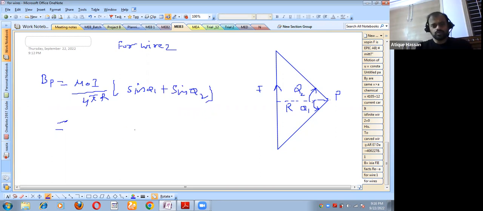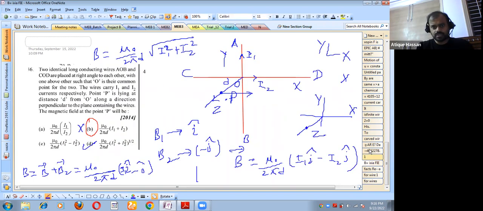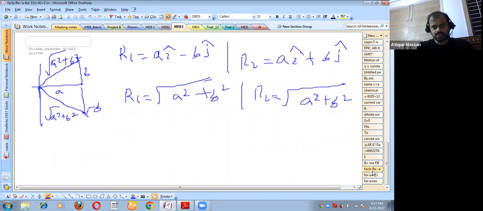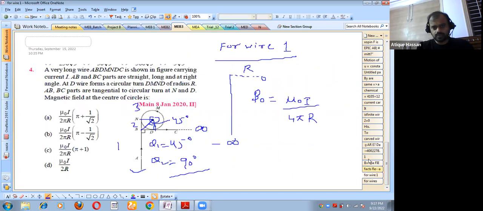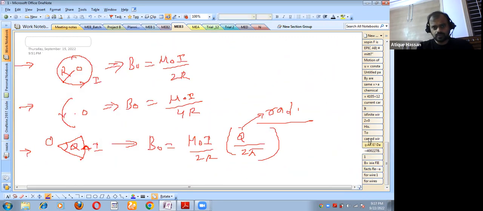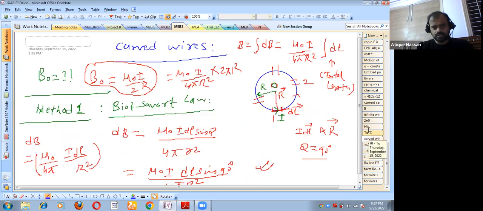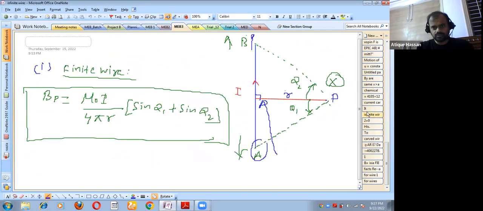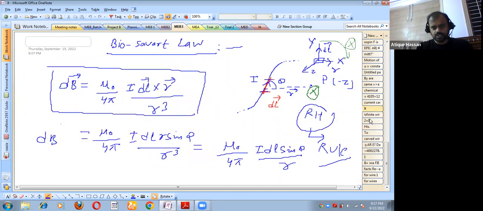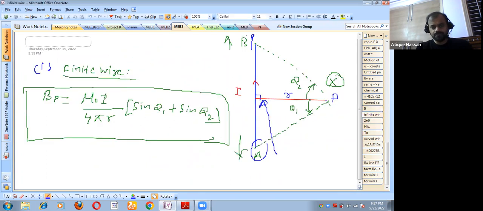Now I am going to remind you. You see here, in the last class or before, we discussed this. We found the magnetic field at a point P by using this formula: mu naught I by 4 pi r, sine theta 1 plus sine theta 2.